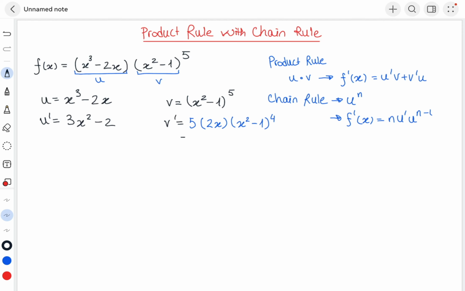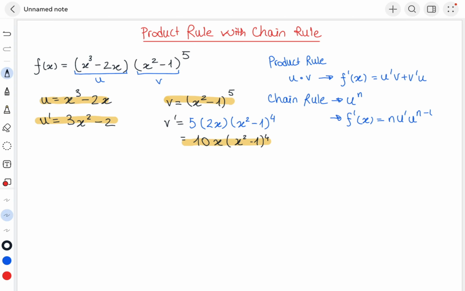Now we can simplify this by multiplying 5 and 2x, which gives 10x multiplied by (x^2 - 1)^4. Now we have our u prime and our v prime.